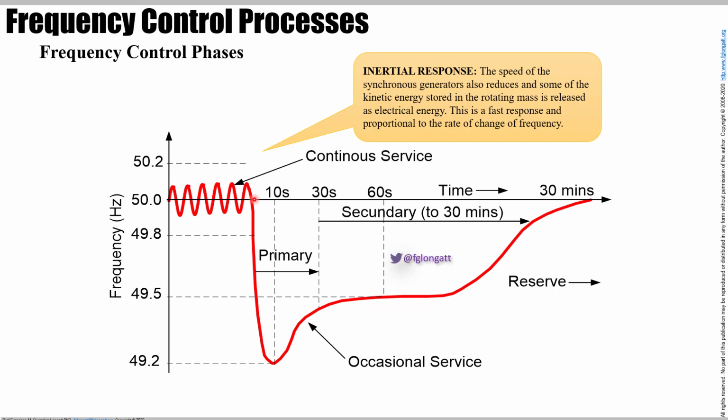It's something natural: the machine tries to change the rotational speed, releasing kinetic energy from the rotor, and that is what we call the inertial response, okay? It's something natural from the synchronous machine directly connected to the power system. It's trying to reestablish the balance between generation and demand. The machine starts to release kinetic energy, and because it's releasing kinetic energy, it's slowing down, and the frequency goes down, okay?